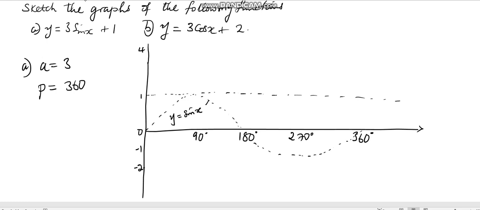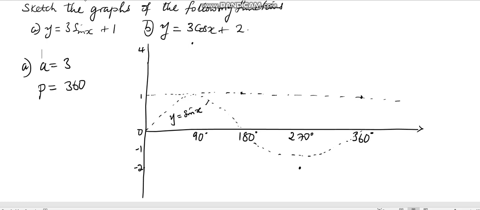So meaning that this graph here is going to be this way. It's going to touch 4 at 90, then it will get back to 1 at 180, then it will go to negative 2 at 270, and it will go back to 1 at 360 there.